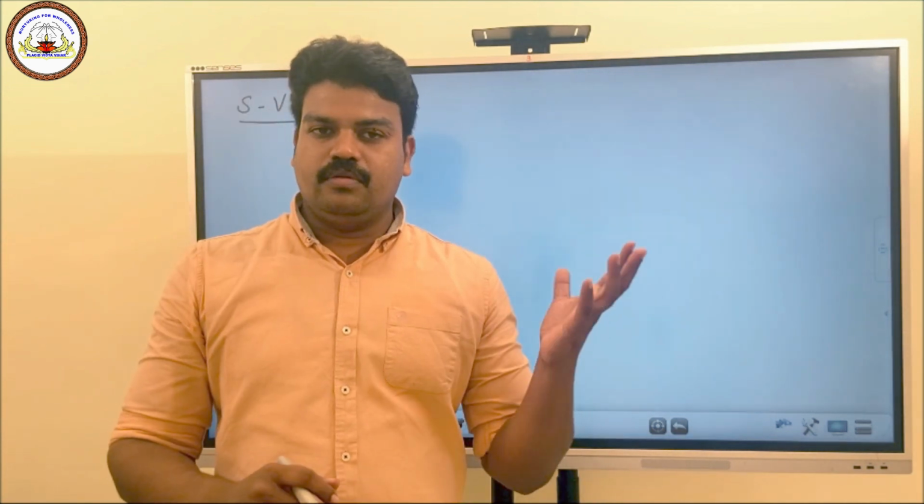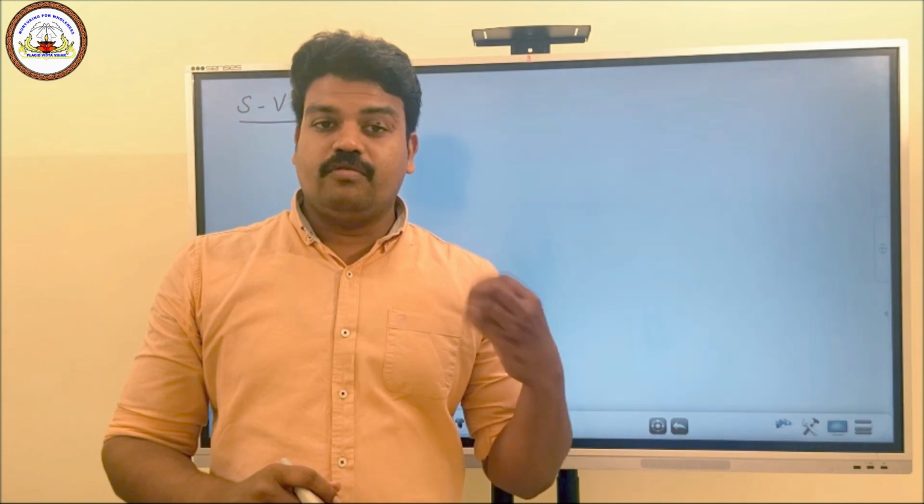Then we have the relation between position and velocity: V square is equal to U square plus 2AS.